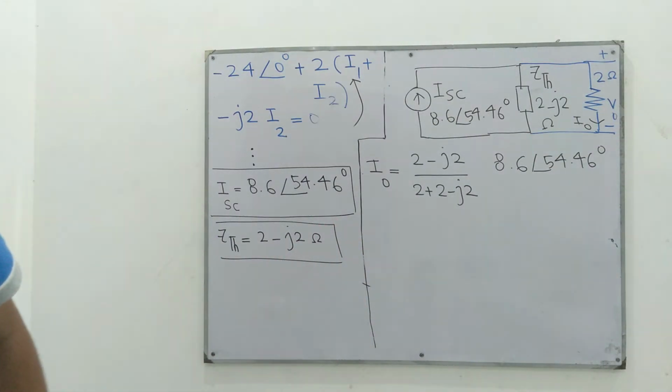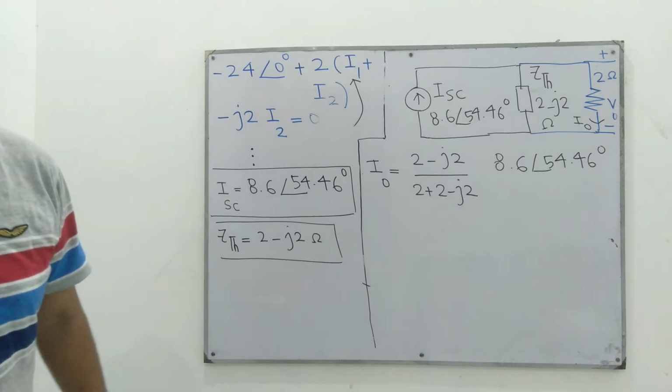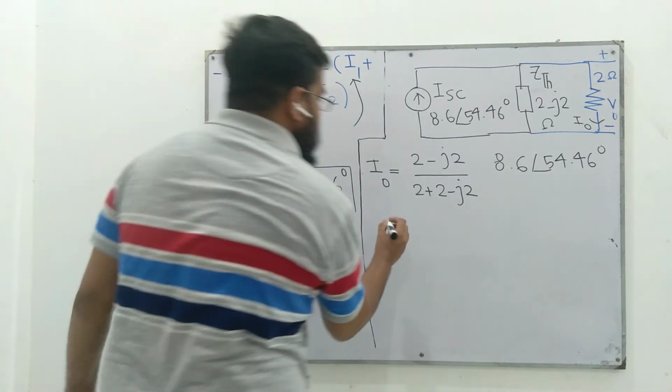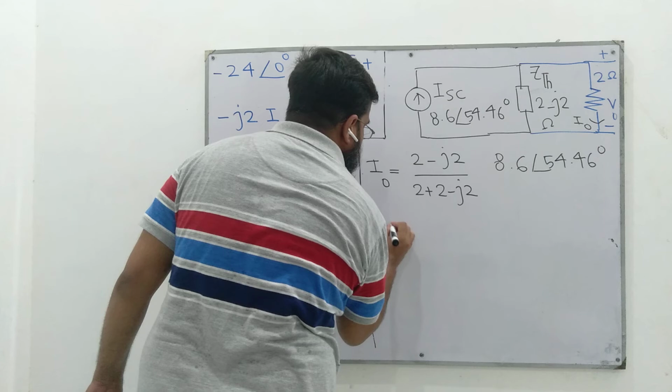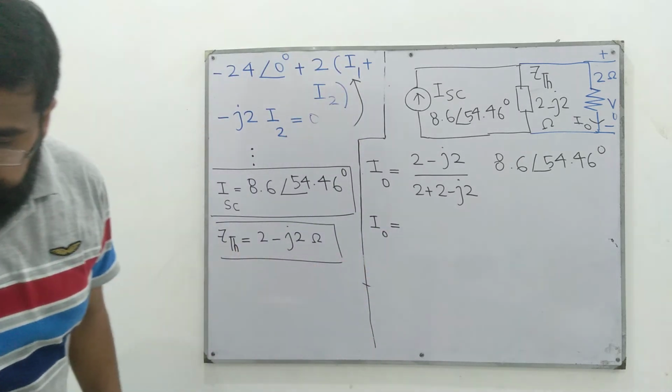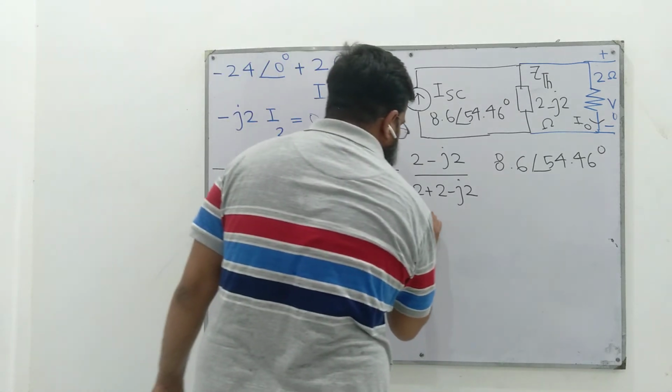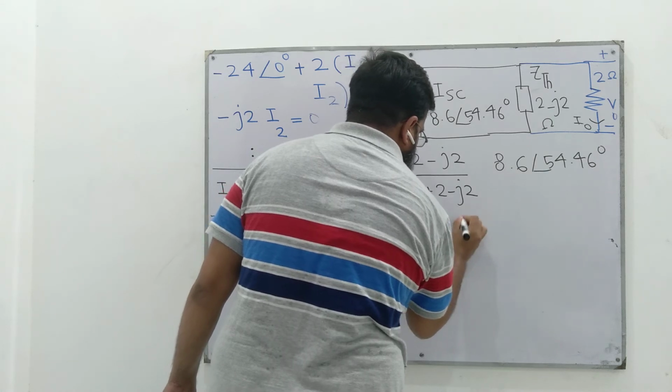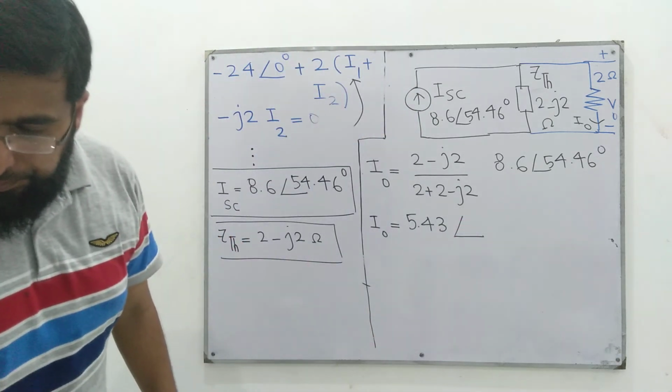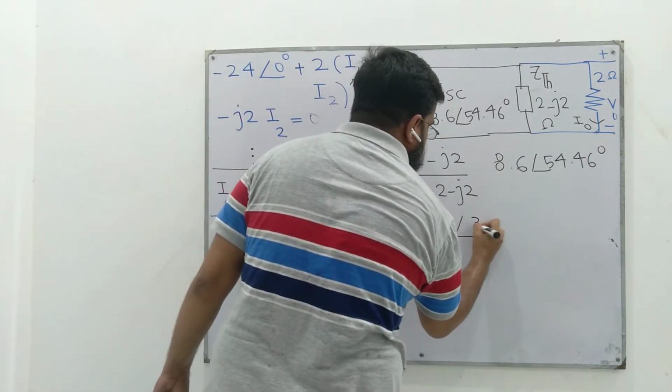Solving this gives us I out is equal to 5.43 at an angle of 36 degrees. I'm omitting some mathematics here, but it is there in my notes.